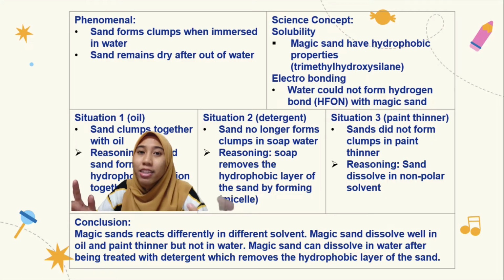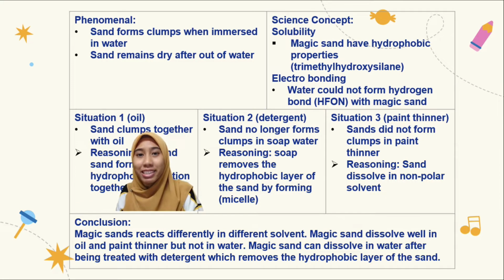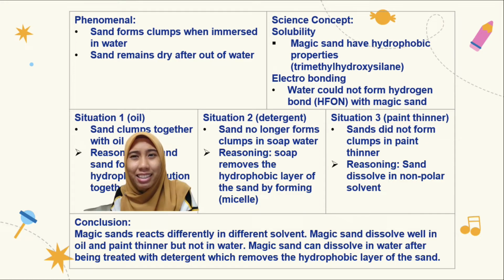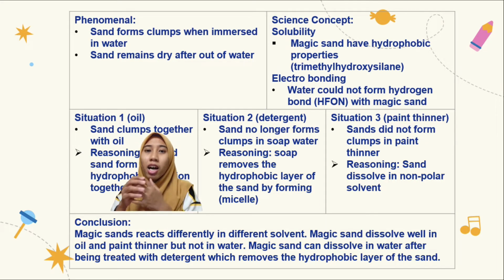So the sand did not form clumps in paint thinner, and the reason is that the hydrophobic layer on the sand dissolves in non-polar solvent. That's the reason why it dissolves in thinner.